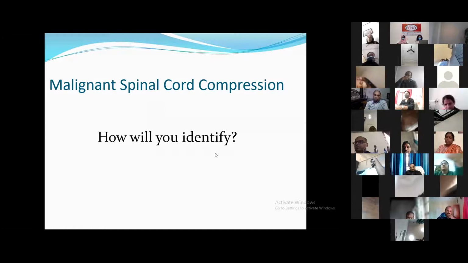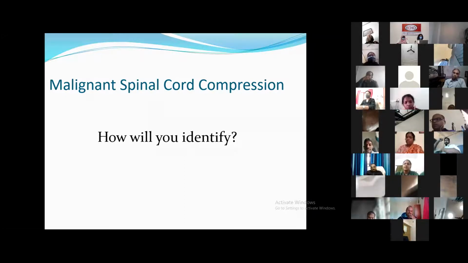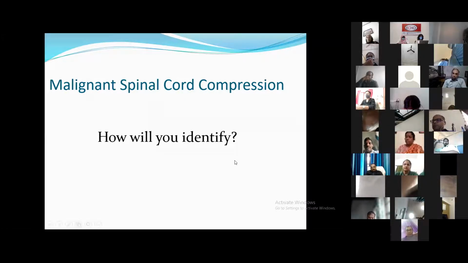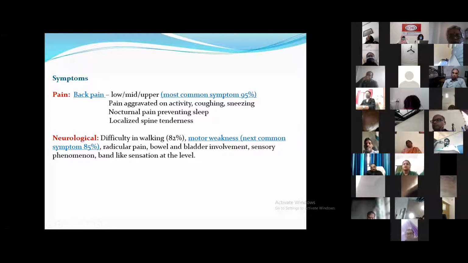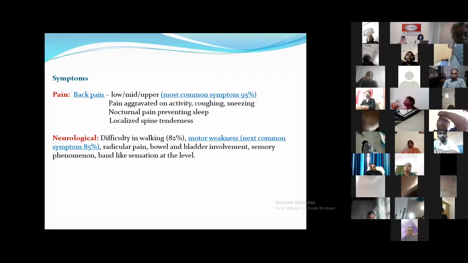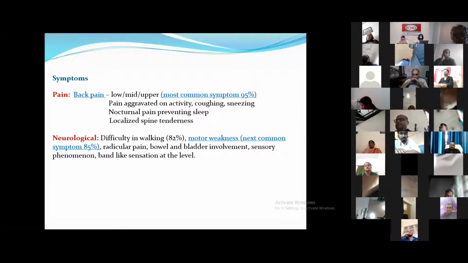So how will you identify malignant spinal cord compression? Because the patient may not present to you with frank paraparesis. A patient can present with pain and a bit of weakness in the bilateral lower limbs, but not a frank weakness on which you can establish the diagnosis of paraplegia. The most important diagnostic symptom will be low back pain, especially pain that aggravates with coughing, sneezing, walking, or sitting up from a lying down position.